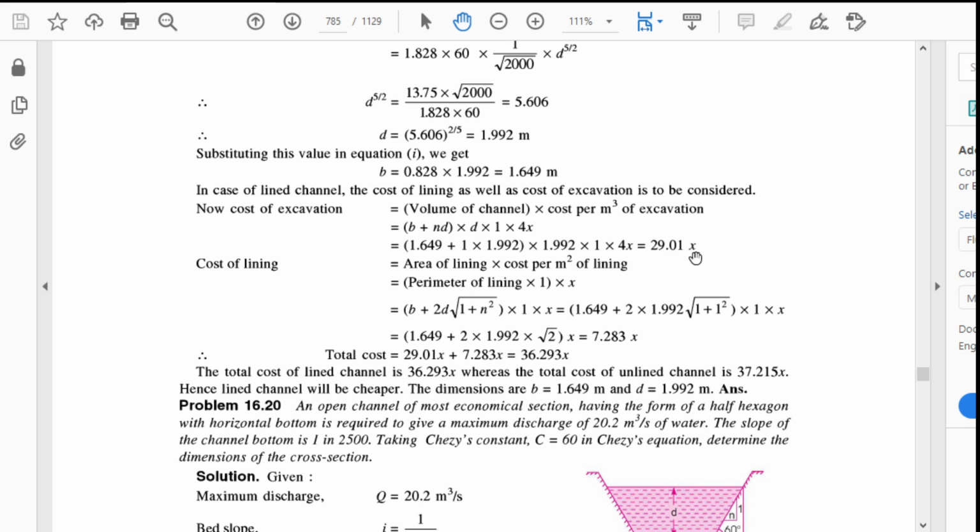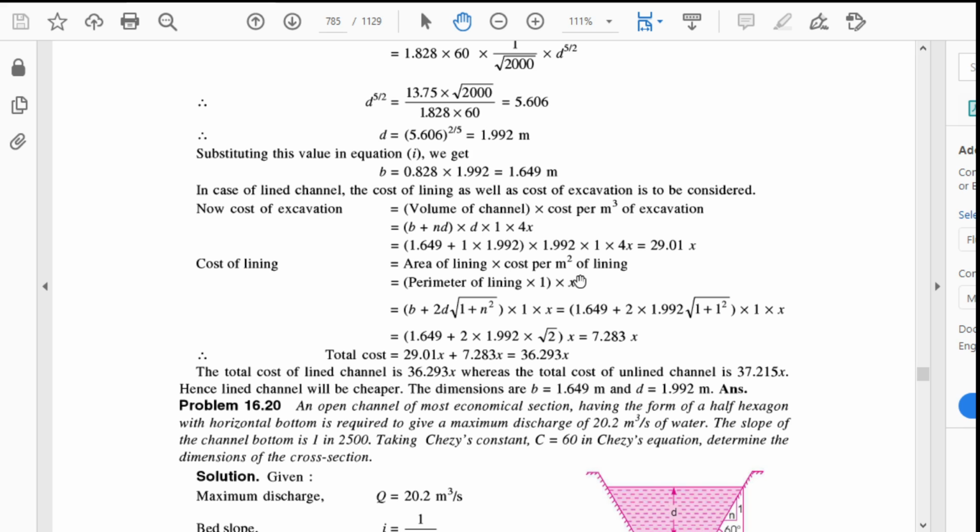But here we have to add the cost of lining also. The excavation is done, now we have to do the lining for that canal. The lining of the canal can be calculated by using the area, because the cost per meter square of lining is given. So the area of lining into the cost per meter square of lining we can take.